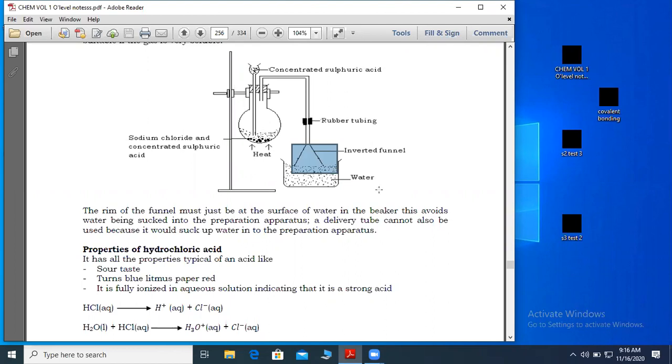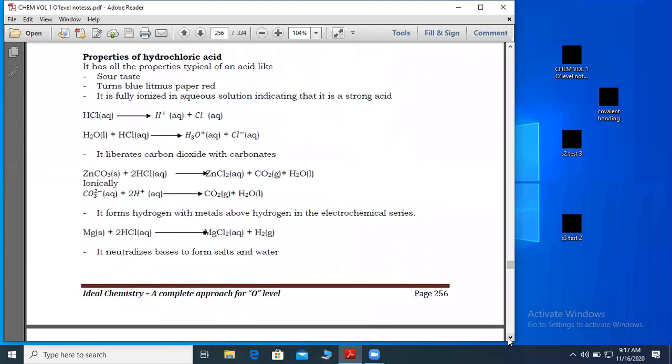We said the flask should be made to slant. Then we wanted an ionic equation for carbonate, that was calcium carbonate and hydrochloric acid. The equation is this last one.